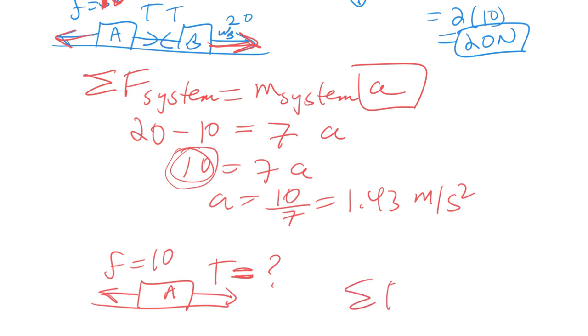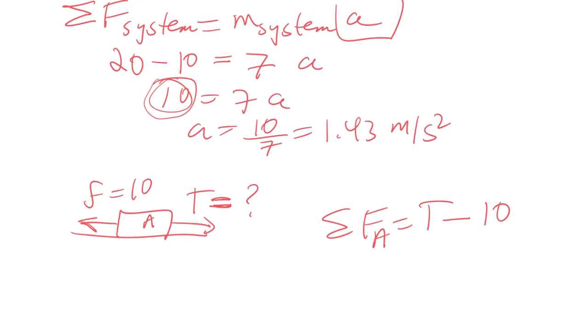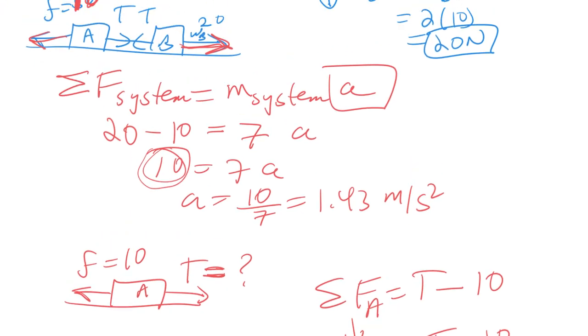So the net force on A is equal to tension minus the friction, because it's moving to the right and tension's bigger. This is the mass of A times the acceleration of the system, because the system's acceleration and the individual parts' acceleration are the same, because they're connected. So tension minus 10 equals ma.